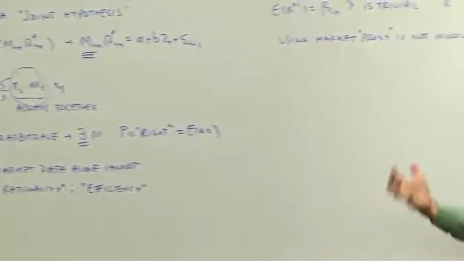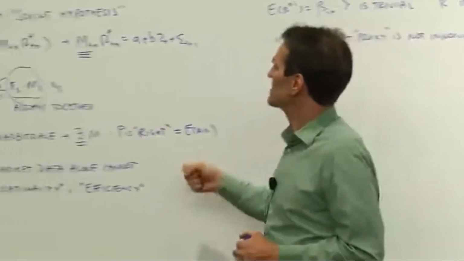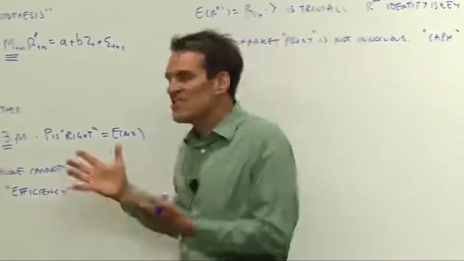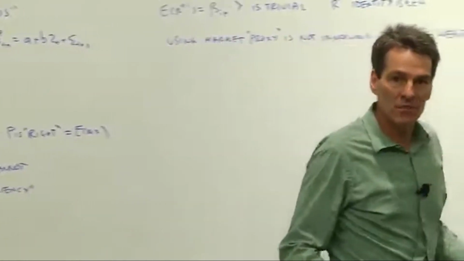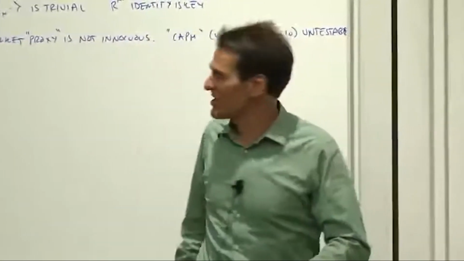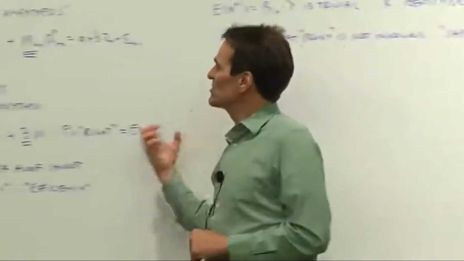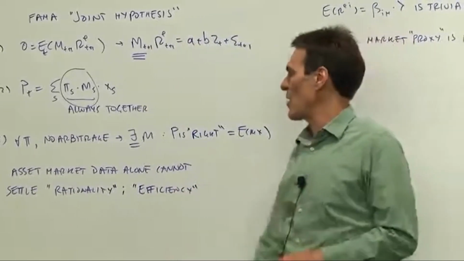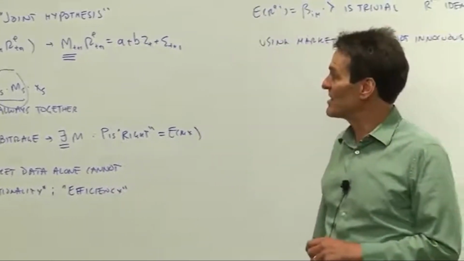That holds quite generally. What matters is the model of market equilibrium. An implication of this is there's nothing you can do on asset market alone to prove rationality or irrationality. You need to introduce some information about what this discount factor is if you want to argue about rationality and efficiency and so forth.